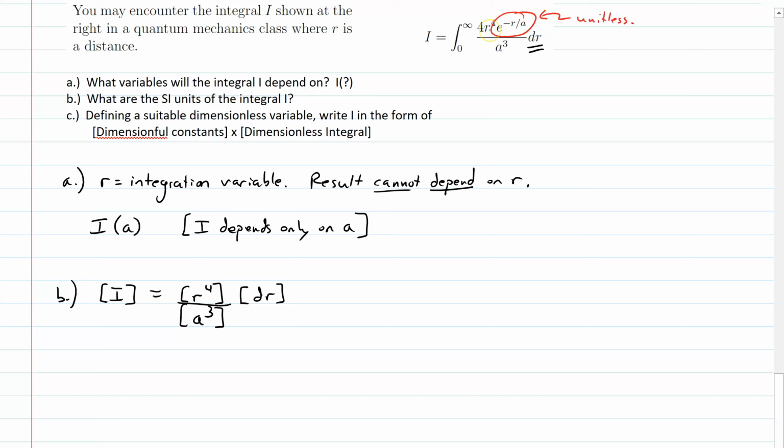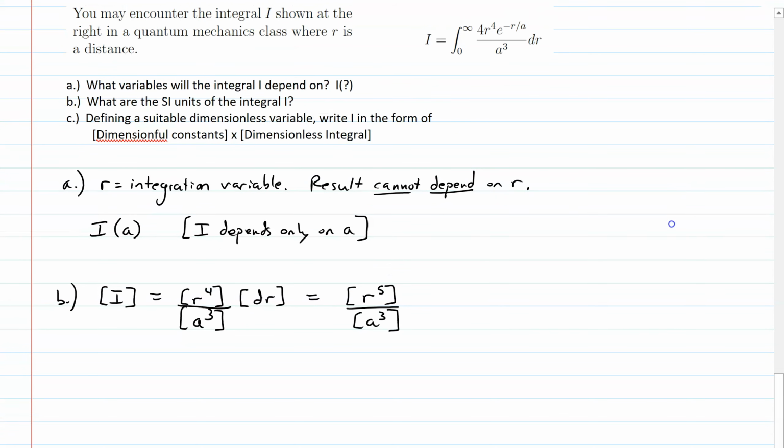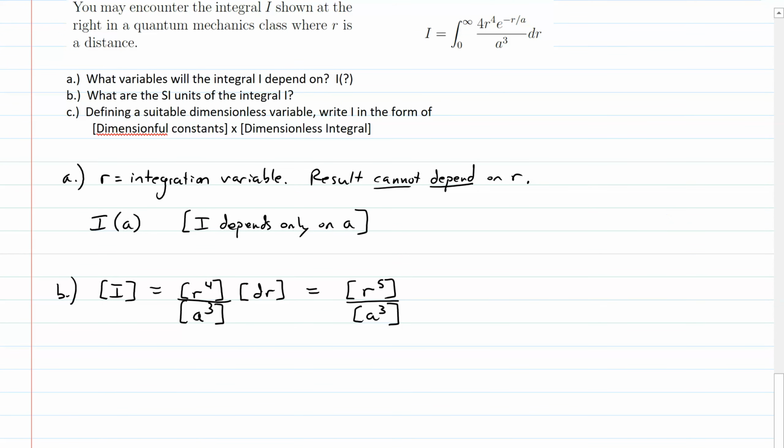Okay. So what are the units of I? It's going to be the units of r to the 5th divided by a cubed. Now the problem is, what are the units of a? In the first sense, it seems like you don't know what the units of a are. But remember, whatever's up in the exponent, in this case r over a, has to be unitless. Okay, remember that e to something, whatever goes here is unitless.